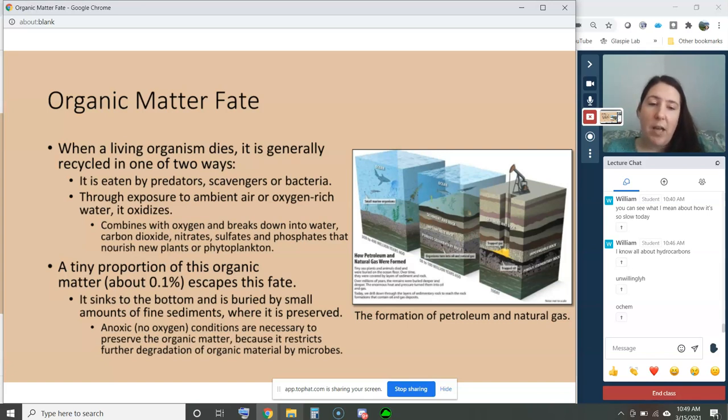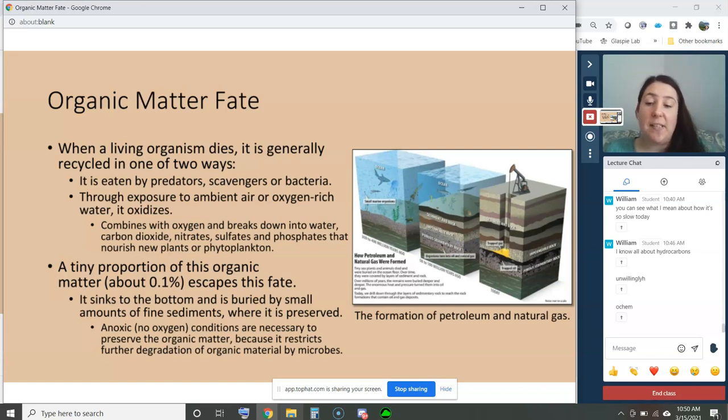If a living organism is not recycled after it's dead, a tiny proportion of the organic matter might be incorporated into a deposit that will eventually become oil or gas. So what happens is it'll sink to the bottom and get buried by small amounts of fine sediments where it is preserved. It's important to know that this preservation only happens under anoxic, or no oxygen, conditions.